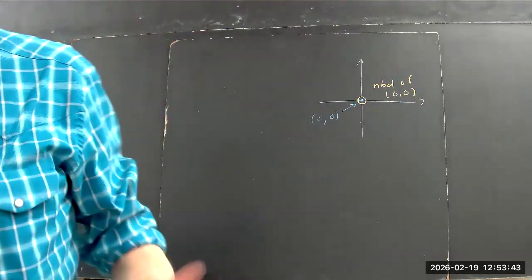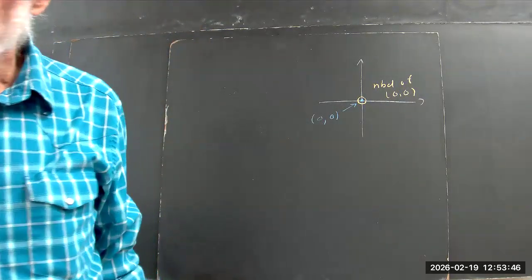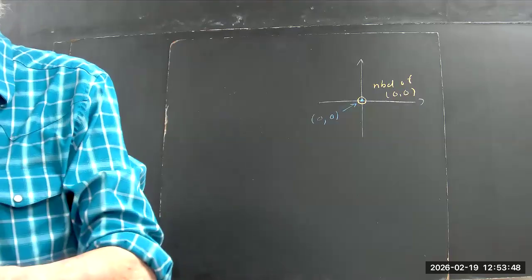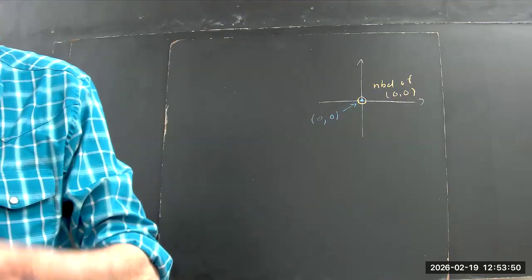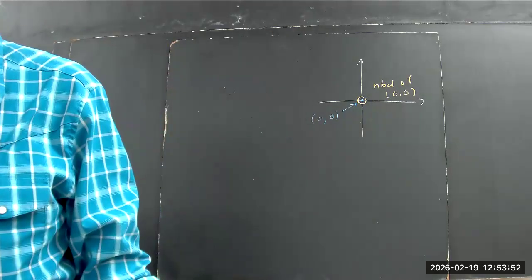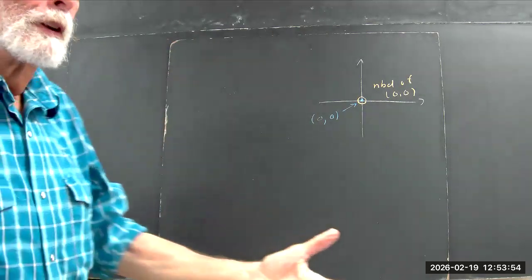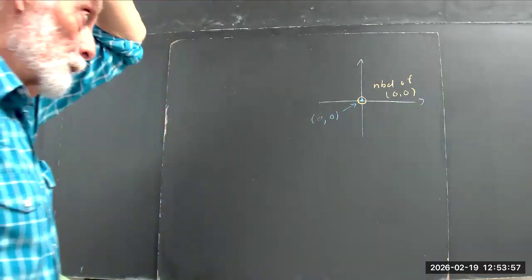Now I'm going to kind of give this one away. There are points in the neighborhood, or paths within that neighborhood, where that limit is defined, where that limit has a perfectly good value.